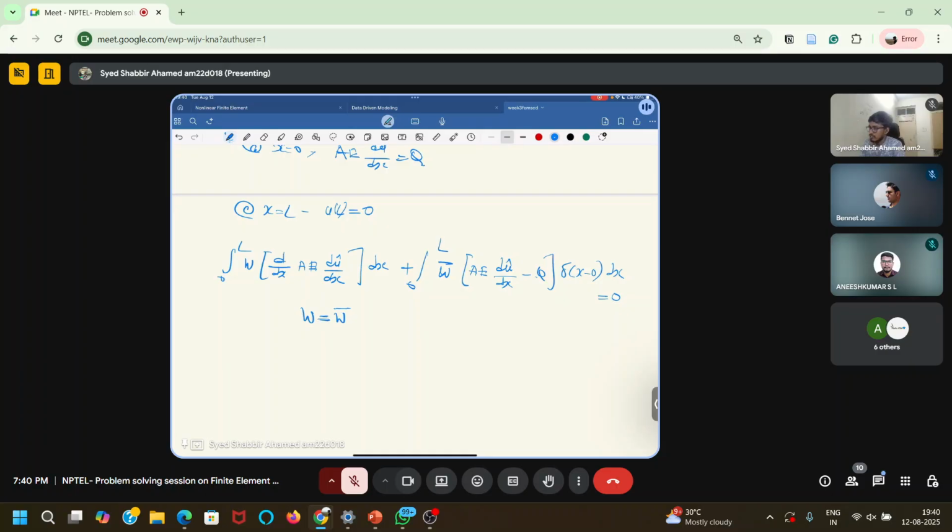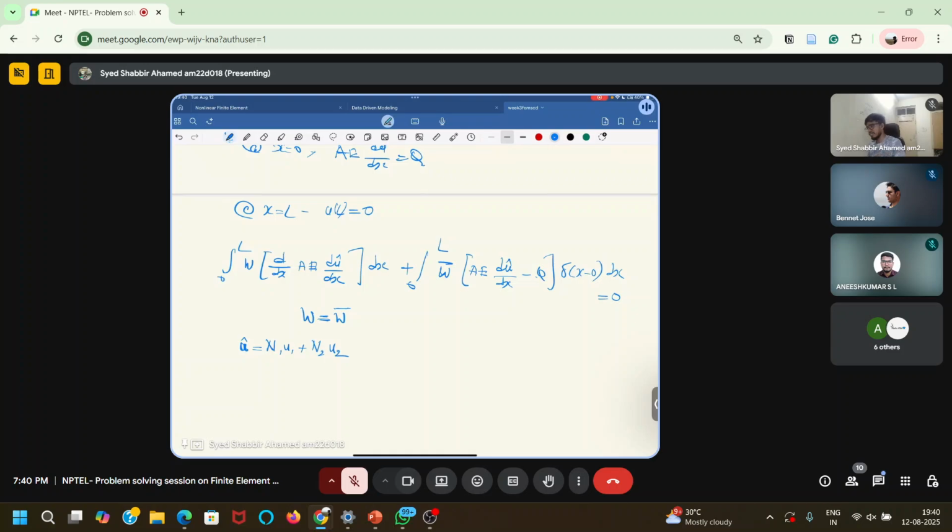If I assume w is equals to w bar, and let's say we will assume u cap is equals to N1 u1 plus N2 u2. Okay, this is some kind of approximate function. N1 and N2, we have to assume something. This is nothing but Lagrange interpolation kind of thing.